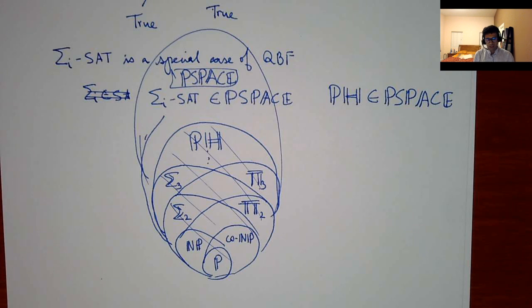And now we have yet another resource, like alternation. So you have time, you have space. There's even a more formal notion of alternating Turing machines, but there's this notion of alternation, which is now part of this entire picture.